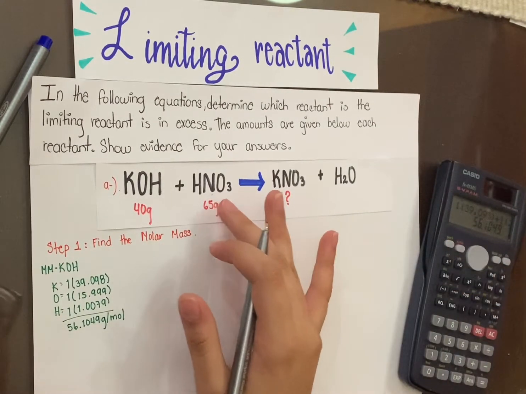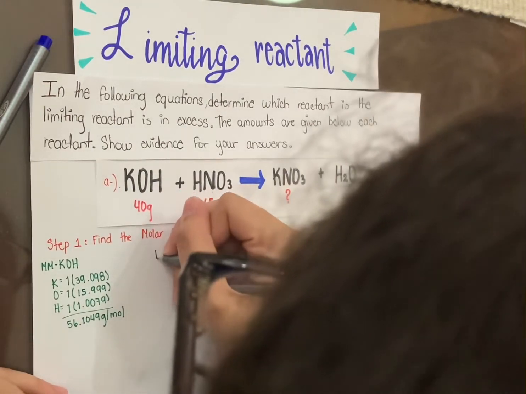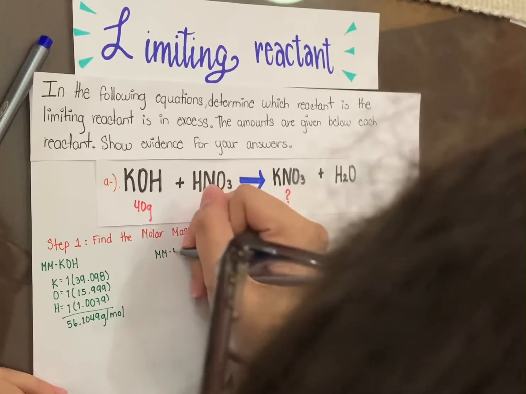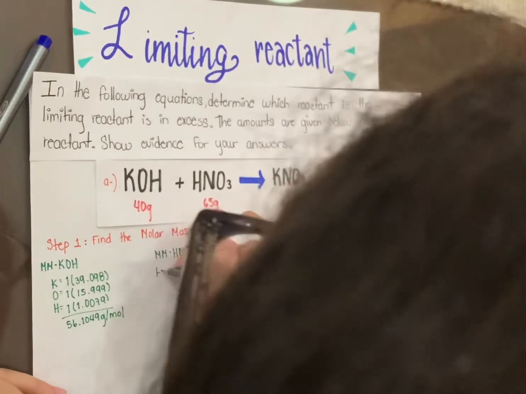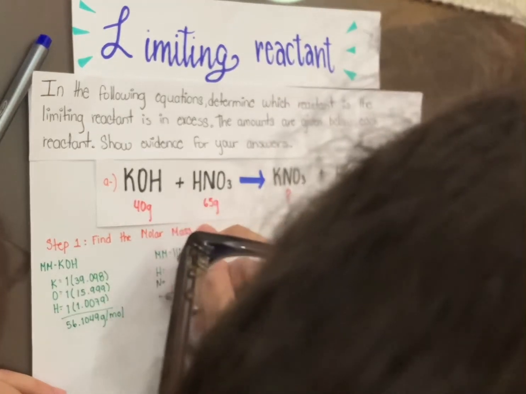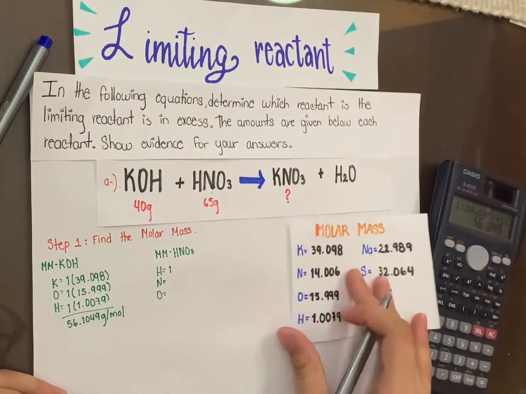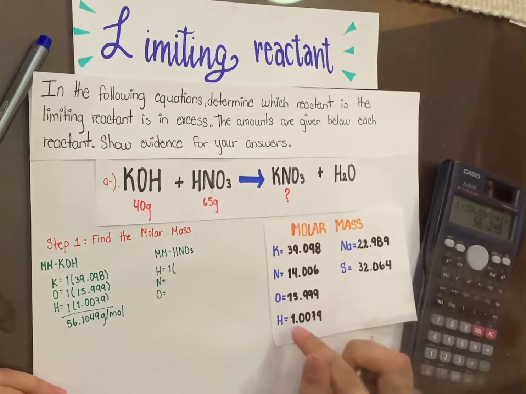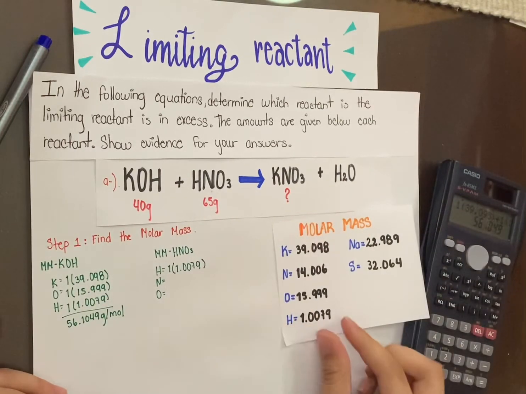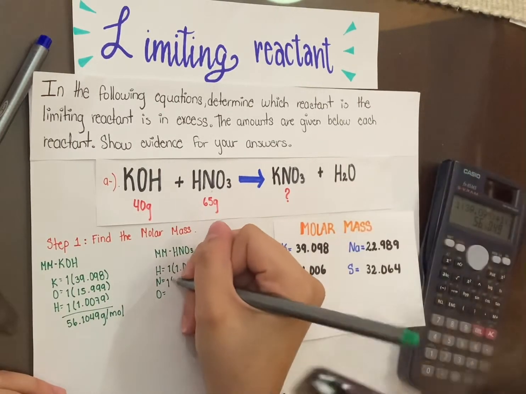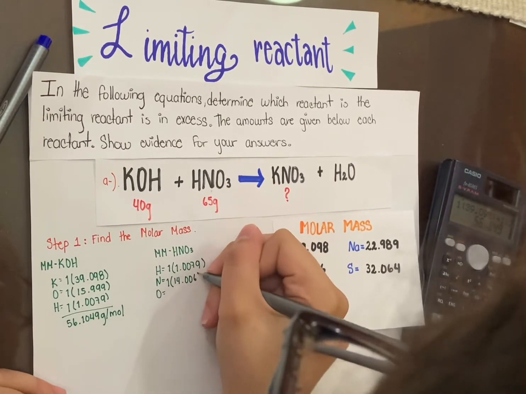So the next one that I will find is for hydrogen, nitrogen, and oxygen. That is the molar mass. So I have hydrogen, nitrogen, and oxygen. I have 1 as subscript, and hydrogen is 1.0079. Of nitrogen, I have 1 and is 14.006.